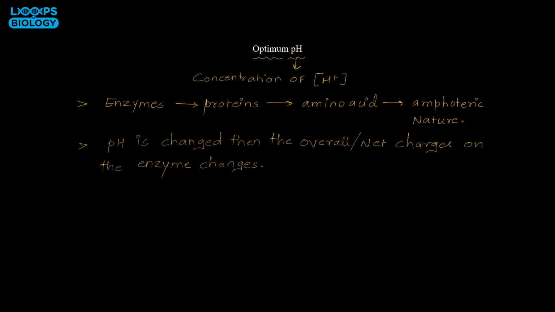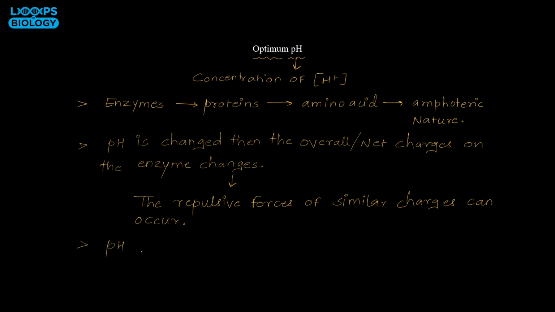So due to which the charge repulsion can take place. So in this particular case, the repulsive forces of similar charges can occur. So at one point, the enzyme will be neutral and shows its maximum activity.